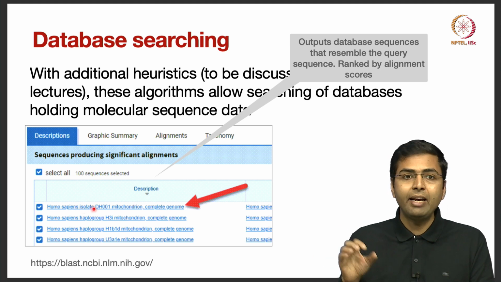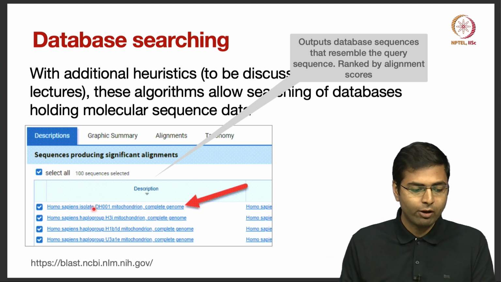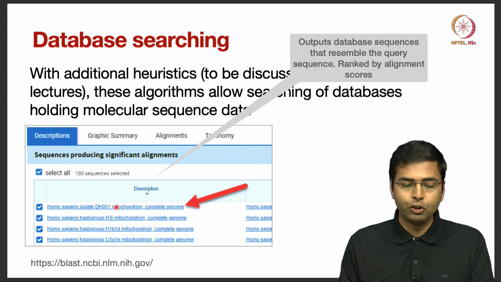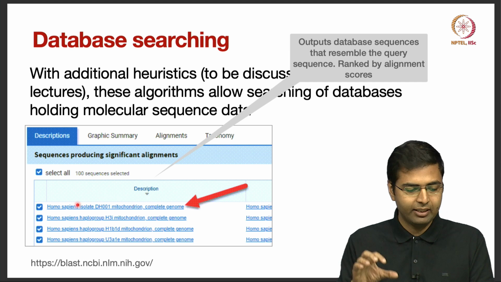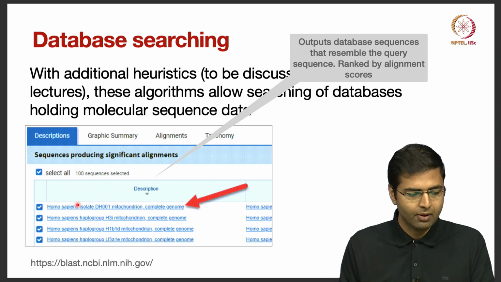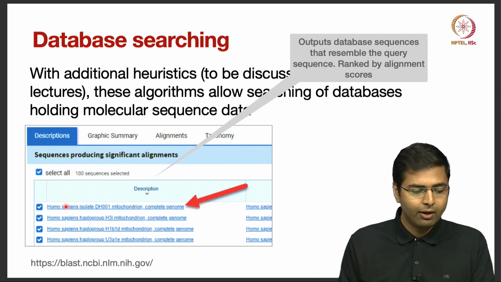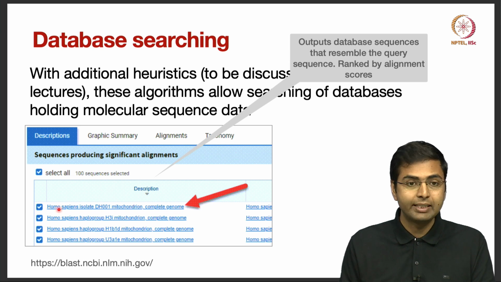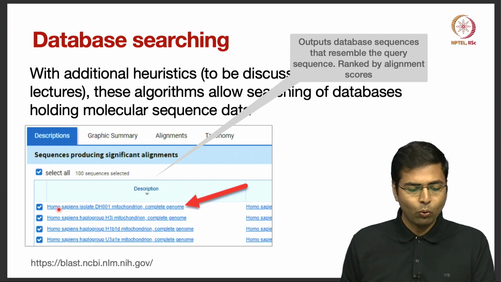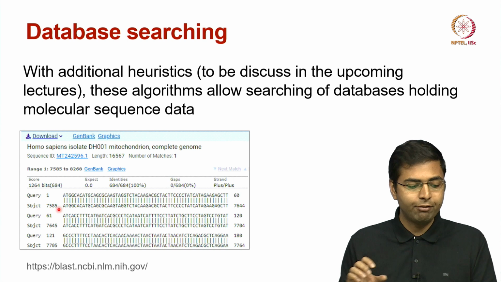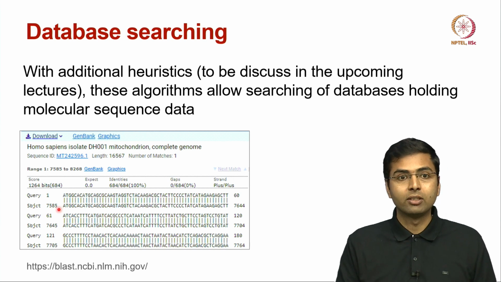The sequence that we had uploaded for this example was a mitochondrial sequence from the human genome, and as you can see the searching algorithm is able to find it. If we click on one of these hits, it will show us additional information, for example how the alignment looks.